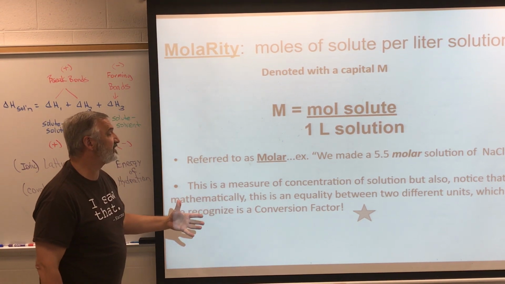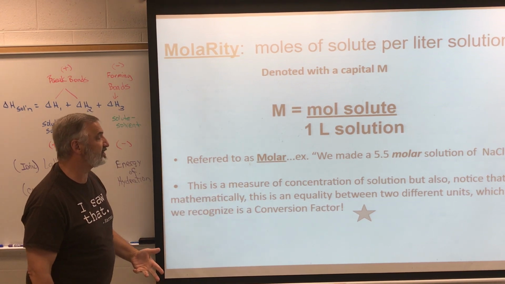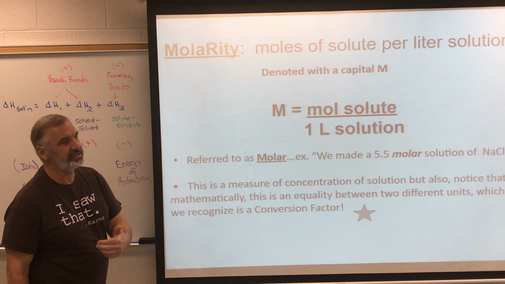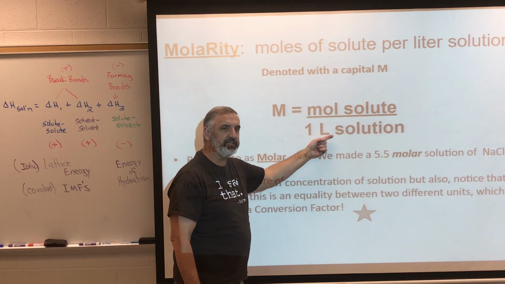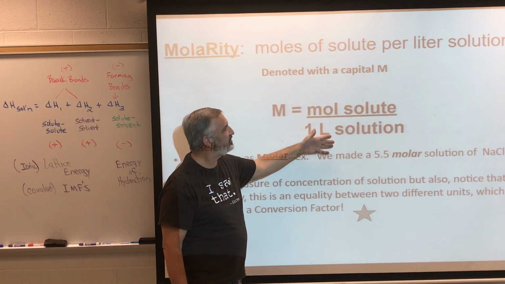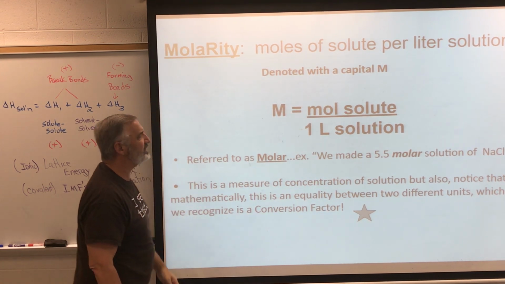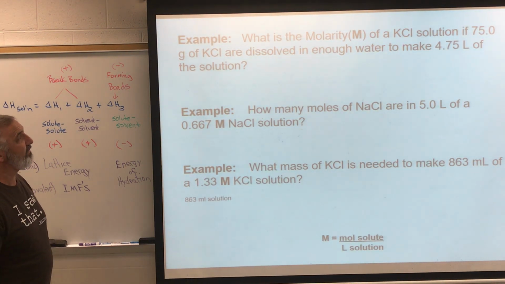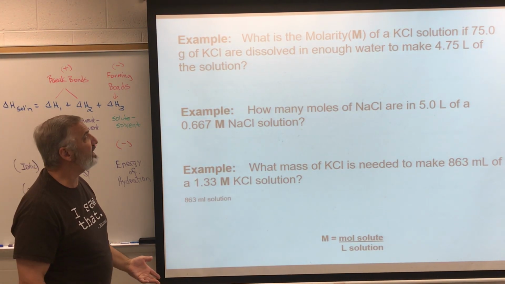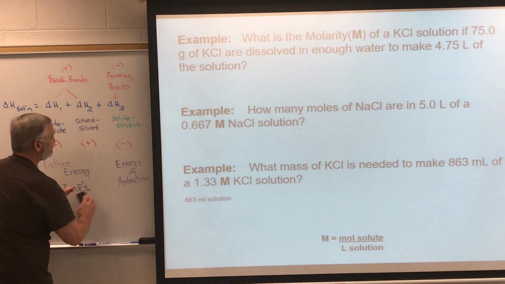This is a measure of concentration, but notice that mathematically, this is the equality between 2 different units, moles and liters. So it's a conversion factor between moles and liters, okay? That is huge. That's why it's so important. It is the most common way to measure concentration, okay? So you really are going to have just 3 or 4 variables.